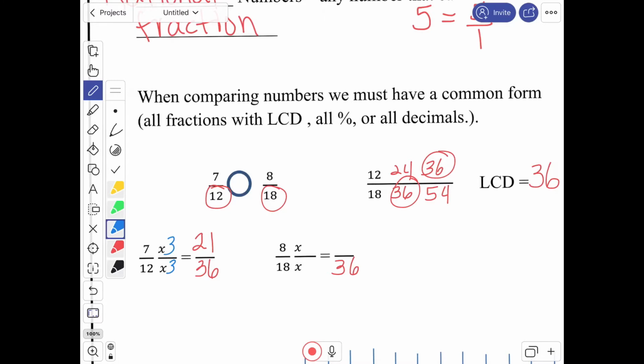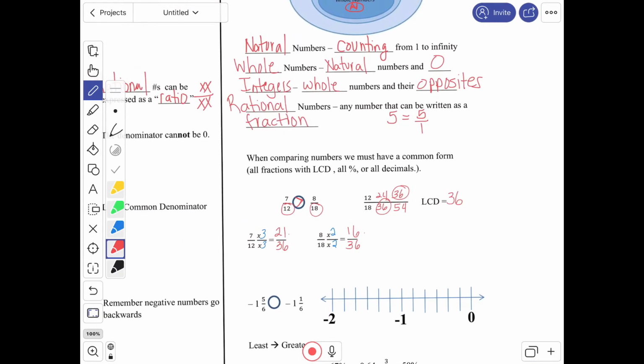For 8/18, I'm going to need to multiply by 2. And 8 times 2 makes my new numerator 16. And 21 is bigger than 16. So 7/12 is greater than 8/18. We put the greater than sign between them.